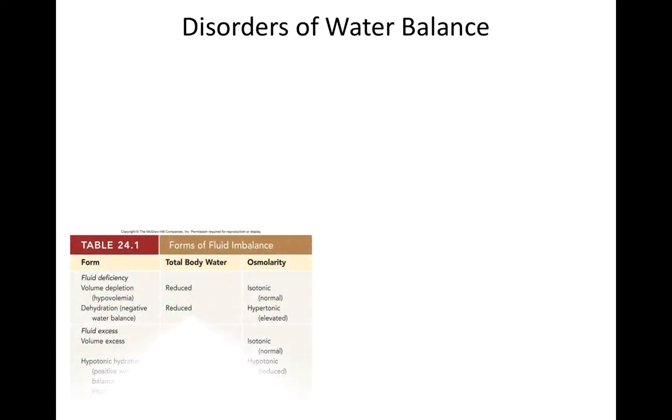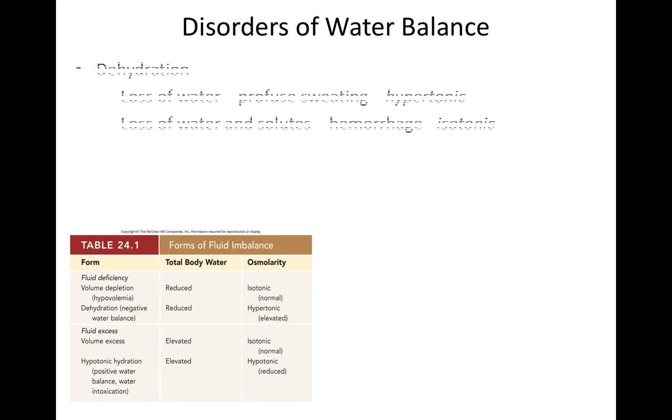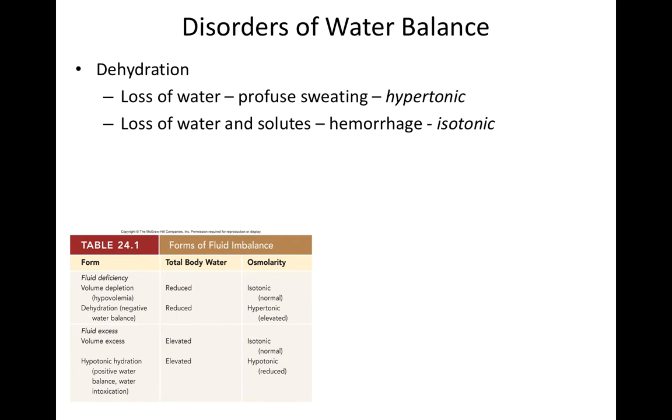All right, disorders of water balance are going to fall into two categories. We're going to have a reduction or an elevation of total body water. So we're going to talk about dehydration as it is the more common and more serious of the two. Dehydration comes in two versions, a hypertonic and an isotonic version.